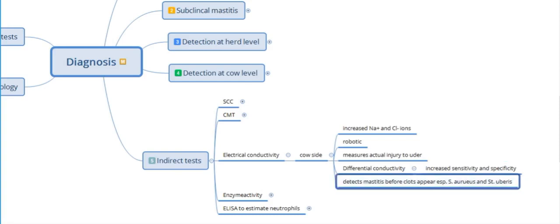The important thing is that this can detect mastitis very early. It can detect mastitis even before clots appear in Staphylococcus aureus or Streptococcus cases. So that is electrical conductivity.